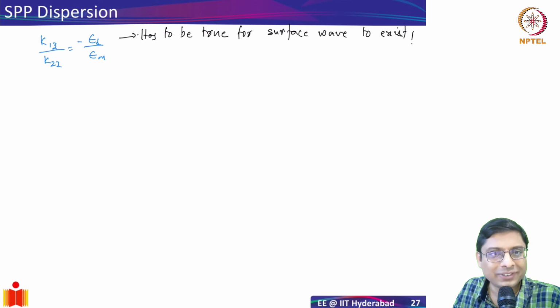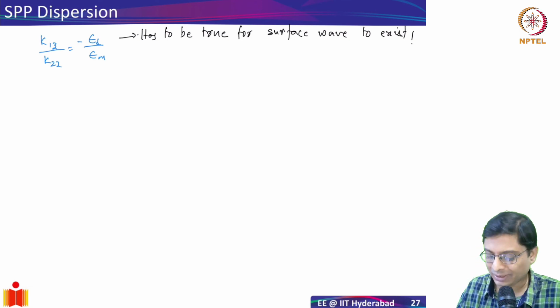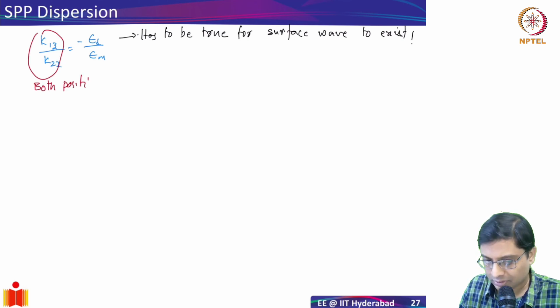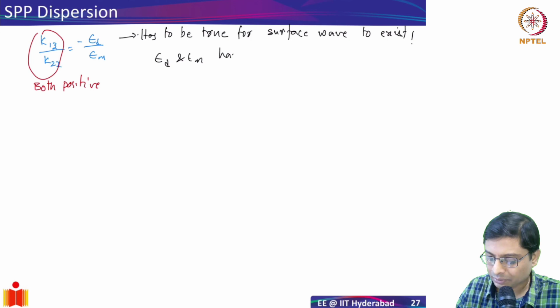What does it mean? K1Z and K2Z are both real positive numbers. These are propagation attenuation constants, right? These are both positive. So this means that epsilon dielectric and epsilon metal must have opposite signs.